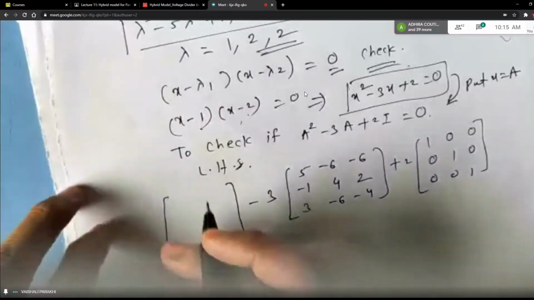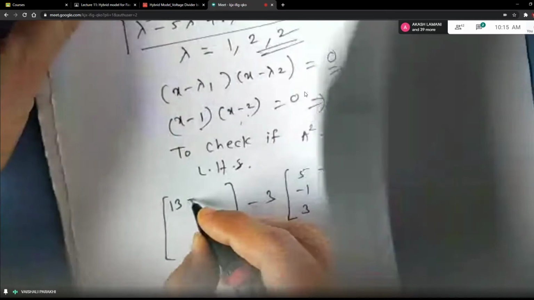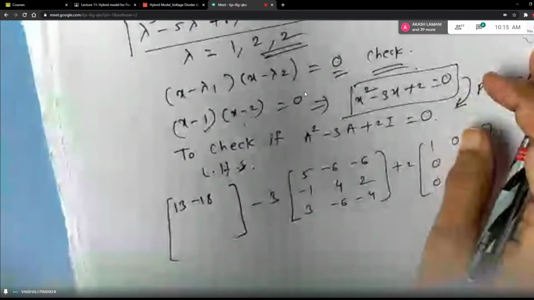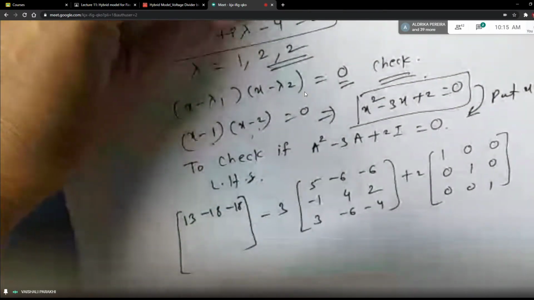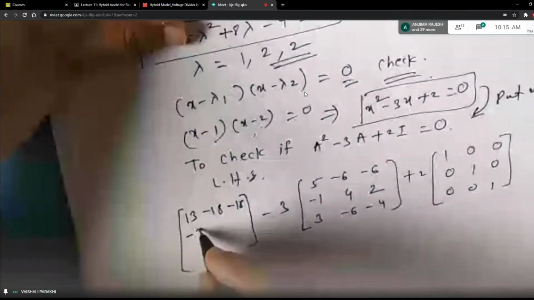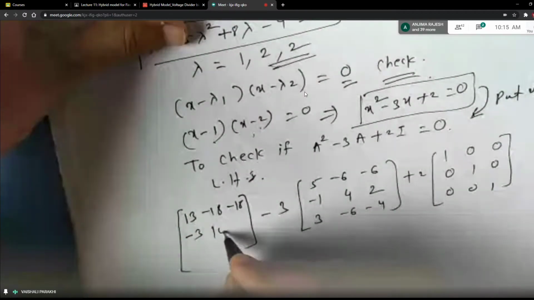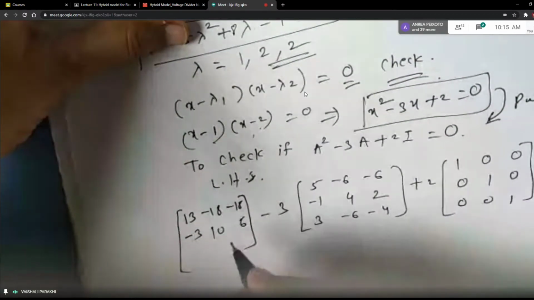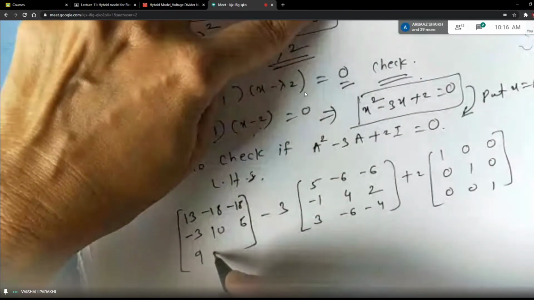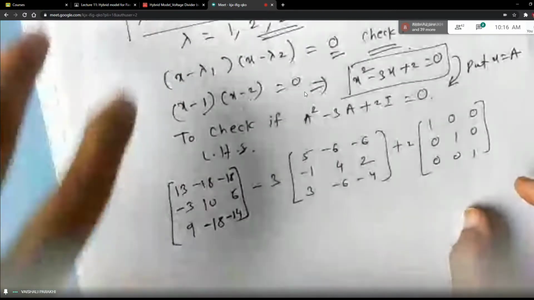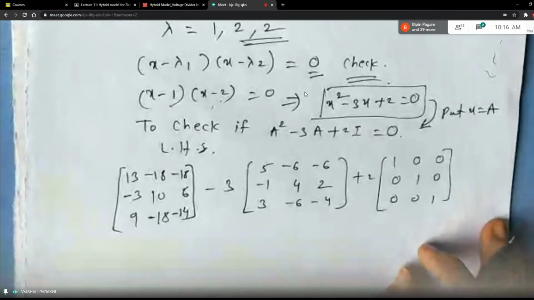It is 13, minus 18, minus 18, minus 3, 10, 10, 6, 6, 9, 9, minus 18, minus 18, minus 14. Very good. Okay, all are getting the same, right?